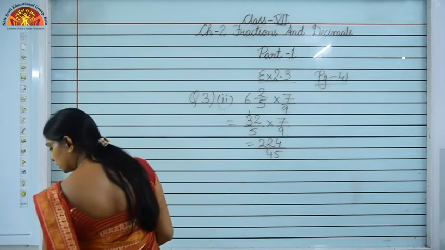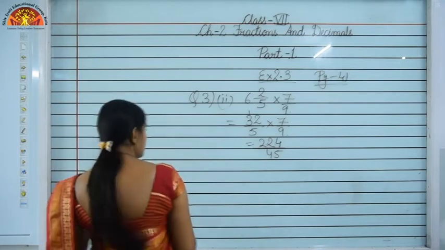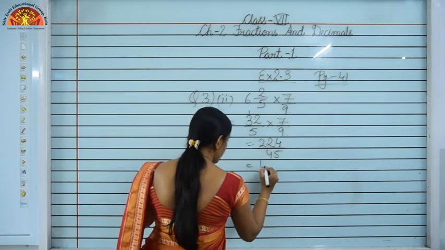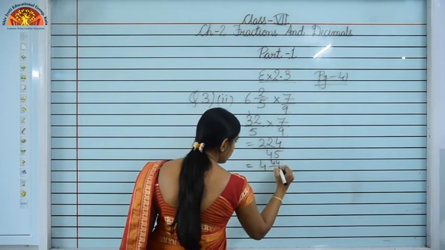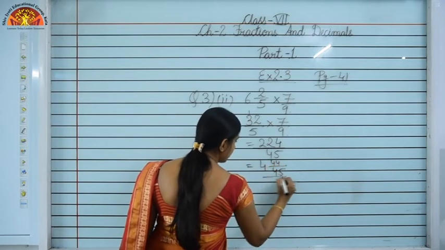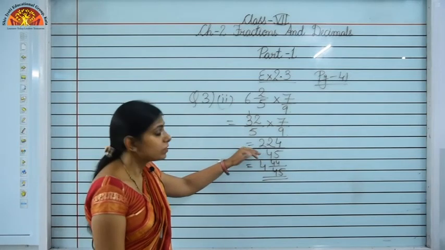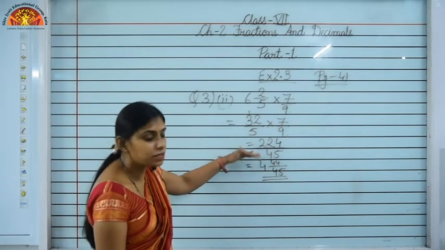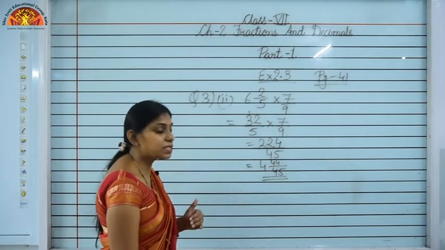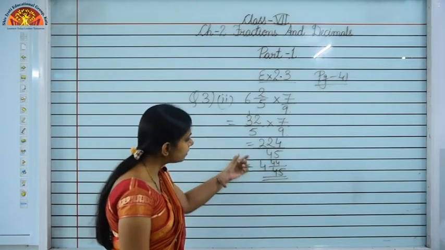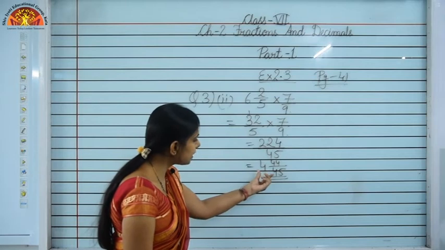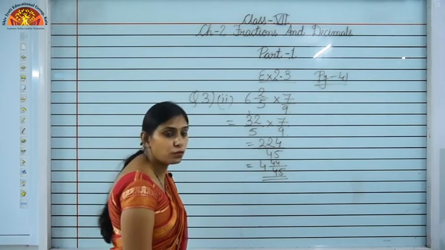Now you can convert it into the mixed fraction. So it will come out to be 4 44 upon 45. You can see that 224 is greater than 45, means it is an improper fraction. So you have to convert it into the mixed fraction. When you will just divide, you will find that the mixed fraction is 4 44 upon 45.